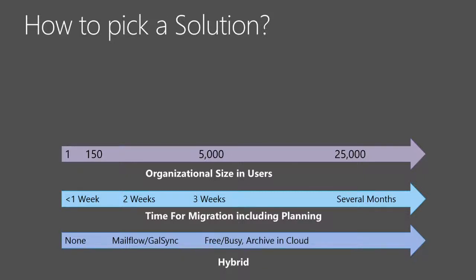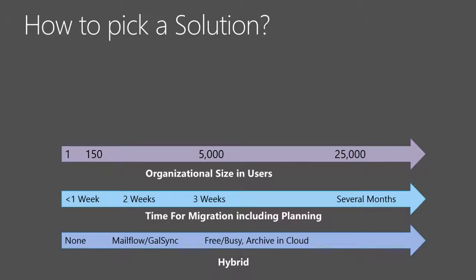What I mean by coexistence or hybrid is that some mailboxes are on-premise and some mailboxes are in the cloud as you're migrating. The time that this configuration exists continues to increase as the size of the organization increases. So as this configuration time increases, there's a need for features to work across mailboxes in the cloud and mailboxes on-premise, and therefore a need for coexistence.